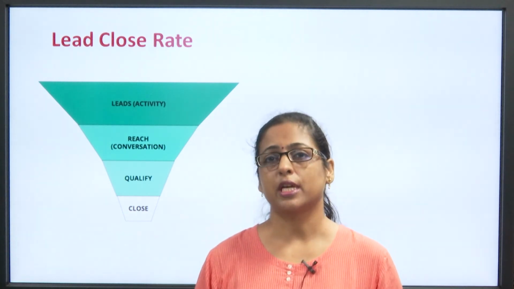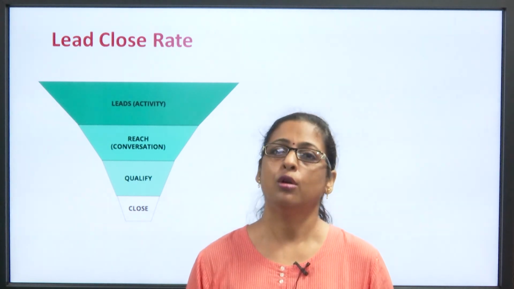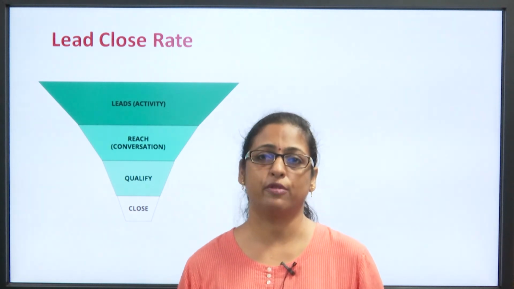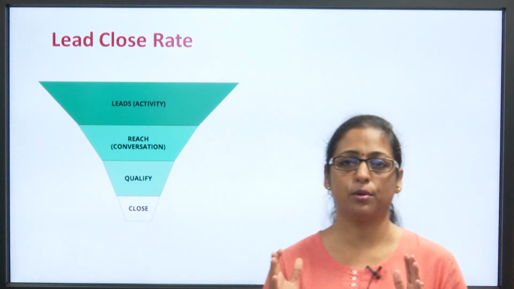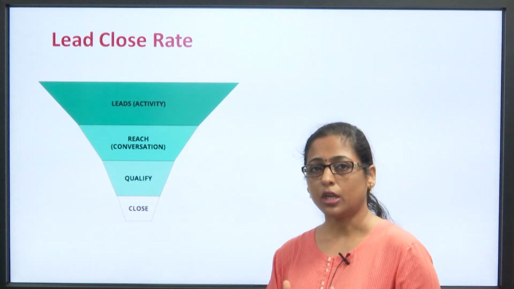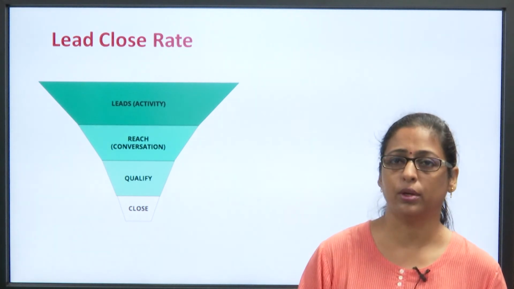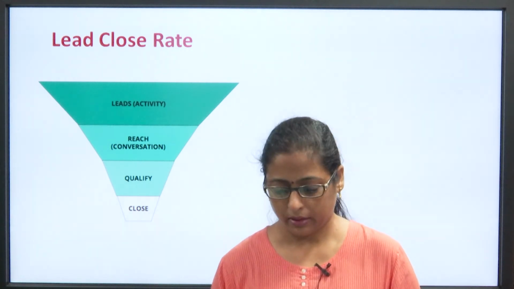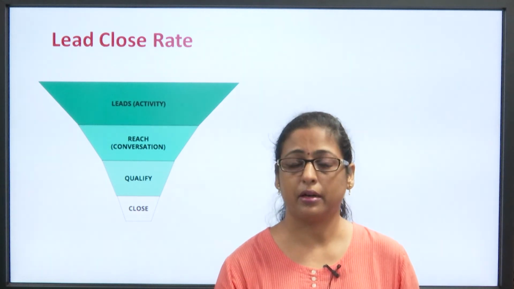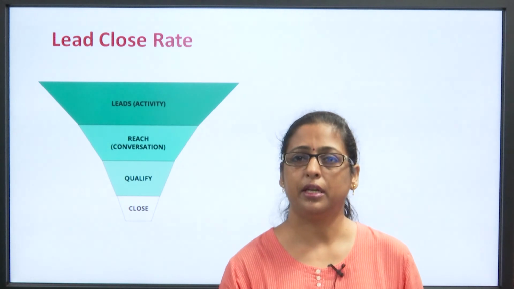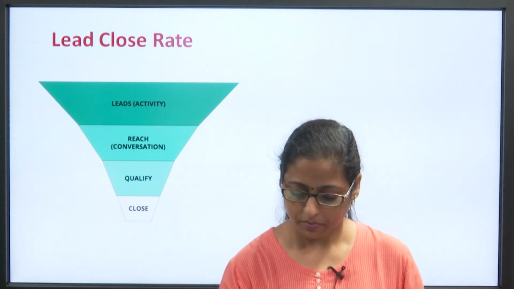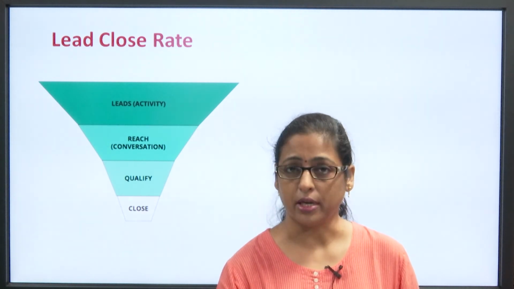In the previous case we were trying to find out this ratio from the total number of people who were visiting the website, but in this case we are trying to converge it to the total number of leads only. So over here the ratio will be comparatively better, and so this is the lead close rate.